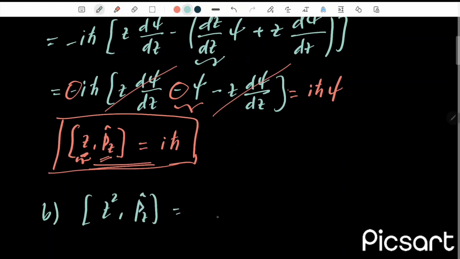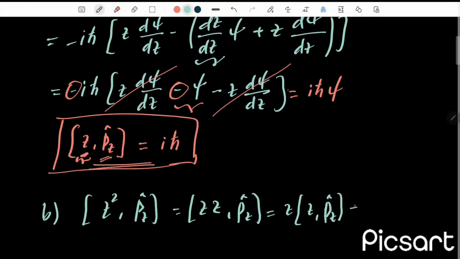Then from here it is the same thing written as the commutator of z times z with pz, which, as we saw previously, is equal to z times the commutator of z and pz, plus the commutator between z and pz times z.